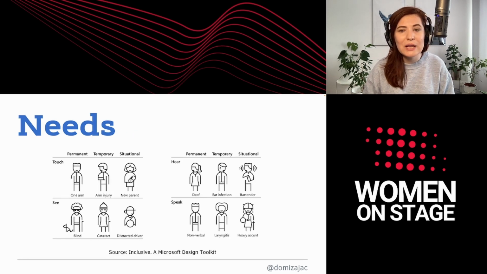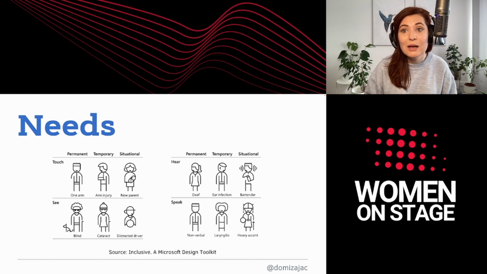When we speak about accessibility, intuitively, mostly we focus on those permanent needs, like having one arm or being blind, but there are different types of needs. Some of them are temporary, like when you have some arm injury and have to use the keyboard differently for a few weeks.